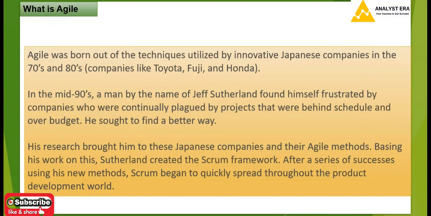Toyota, Fuji, Honda are all automobile companies. It is more of a manufacturing kind of process which was present inside the Japanese companies. Once he started looking at this, he started creating a framework called the Scrum framework. This is what he created back in the 90s. After a series of successes using this new method, Scrum became quickly widespread. So what did he do?